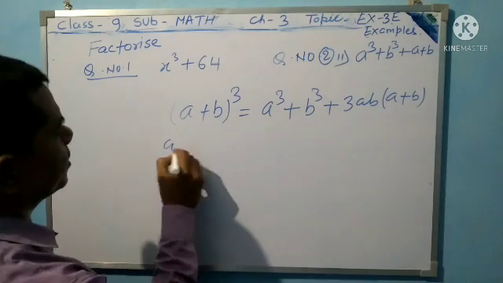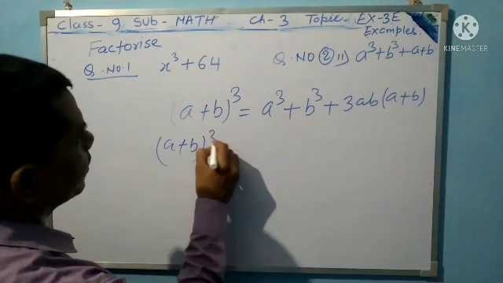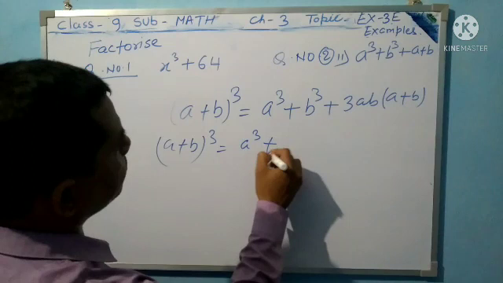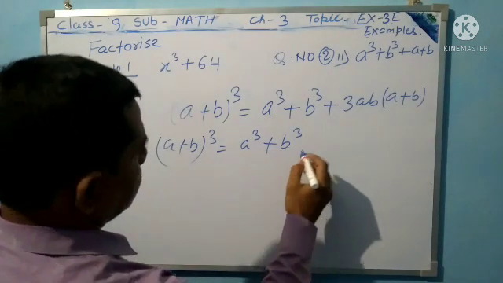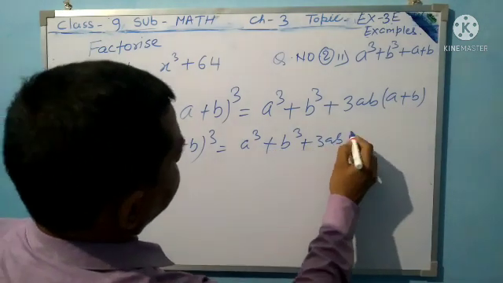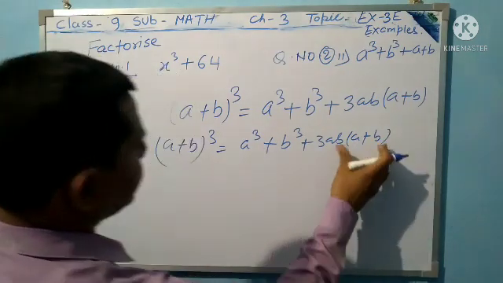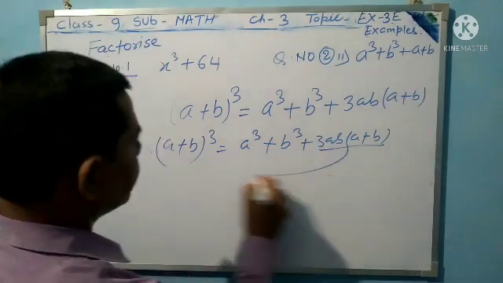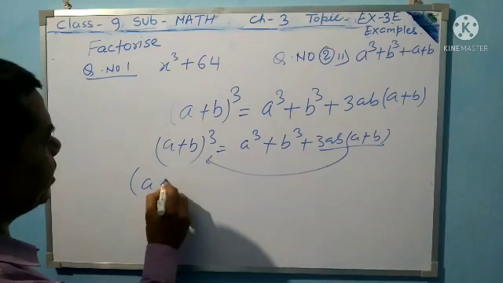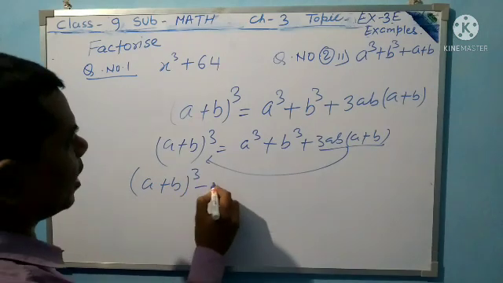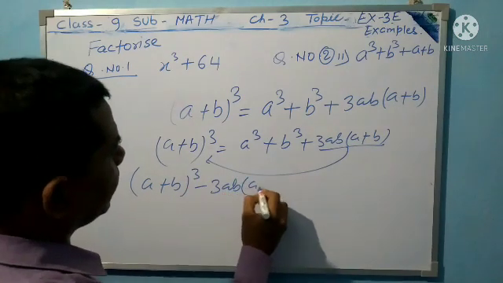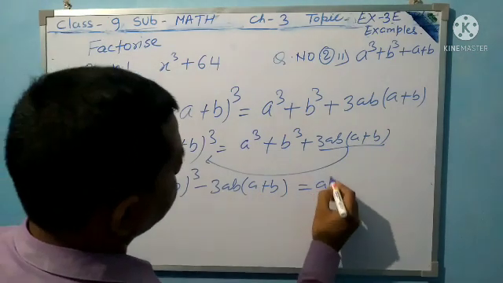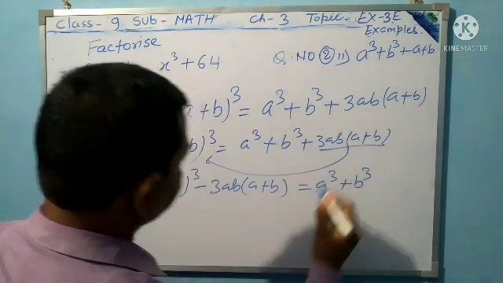Take (a plus b) whole cube, that is a cube plus b cube plus 3ab into (a plus b). Taking that term to this side, (a plus b) whole cube minus 3ab (a plus b) is equal to a cube plus b cube.